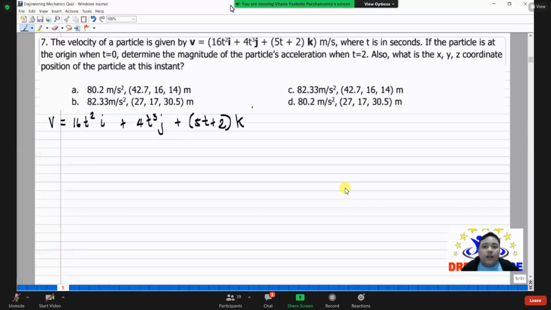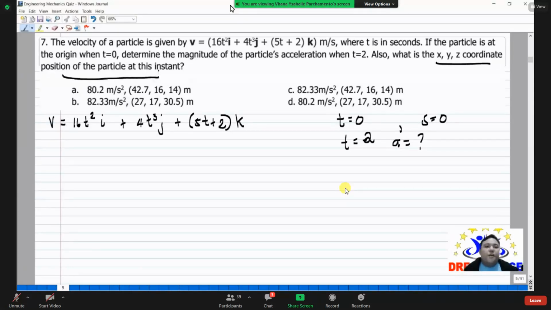If the particle is at the origin at time t equal to 0, meaning s is equal to 0, determine the magnitude of the particle's acceleration at time t equal to 2. Also, what is the xy coordinate position of the particle at this instant?